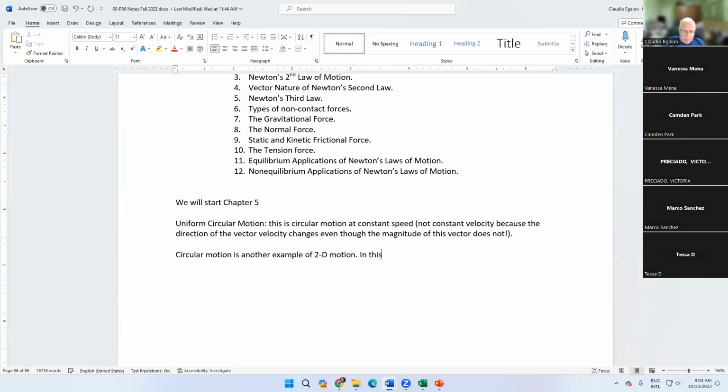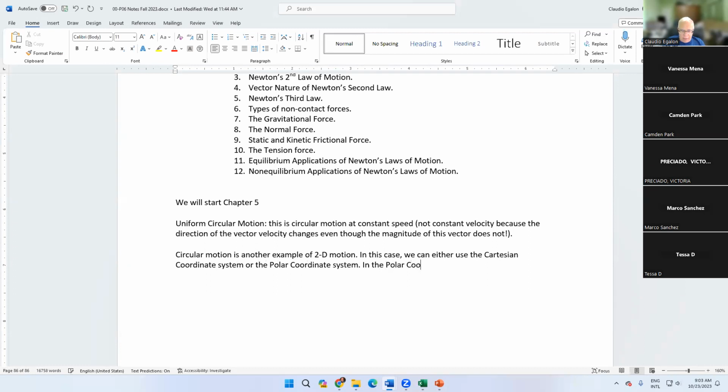In this case, we can either use the Cartesian coordinate system or the polar coordinate system.